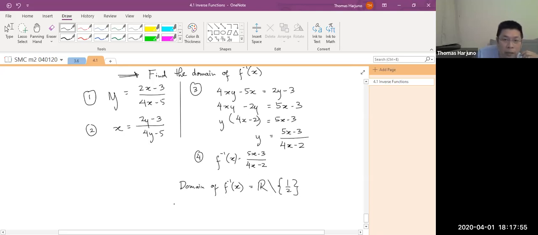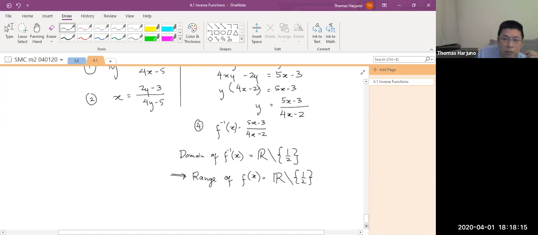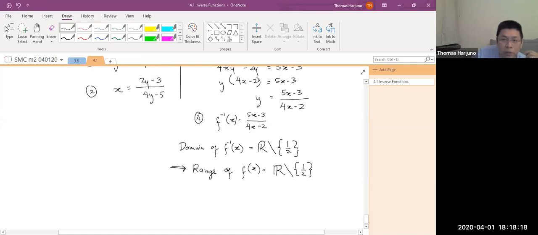Now then, that implies the range for the function is also all real numbers except 1/2. In interval notation, that will be negative infinity to 1/2 union 1/2 to infinity. They are exactly the same.